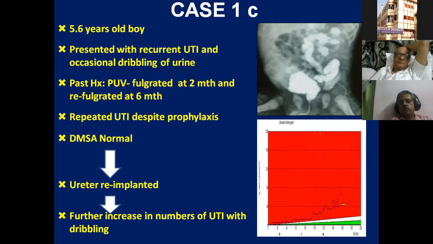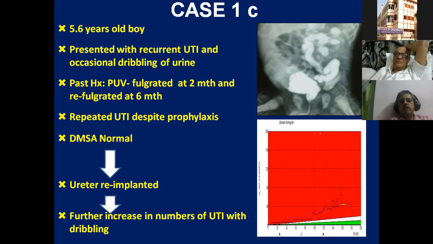And what we have is a very high bladder pressure. So what was the problem here was that the bladder was grossly damaged because of the posterior urethral valve. And if you do a ureteric reimplantation into this sort of a bladder without stabilizing the bladder, then this is what you will have.